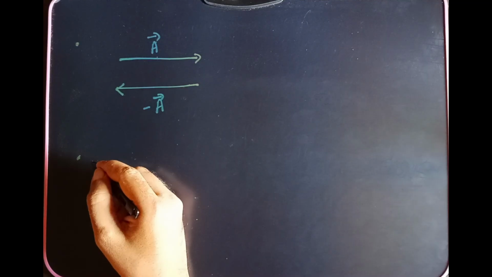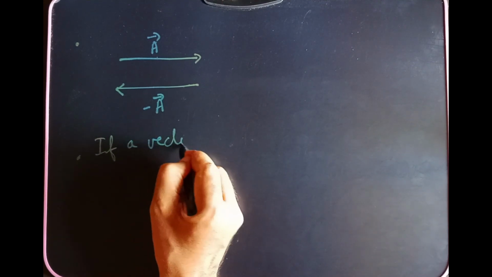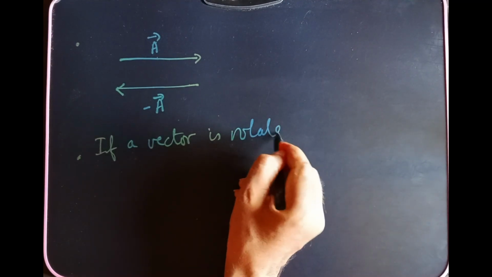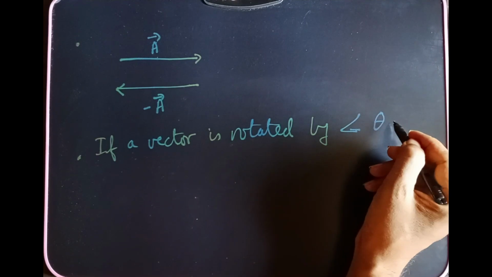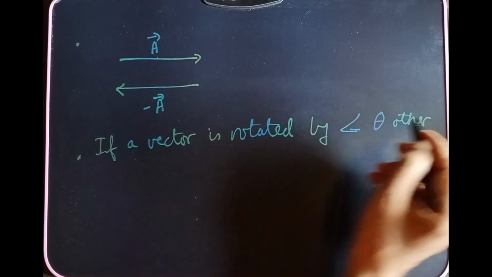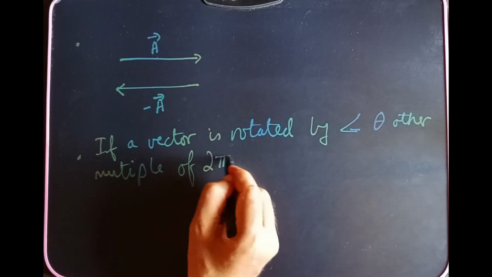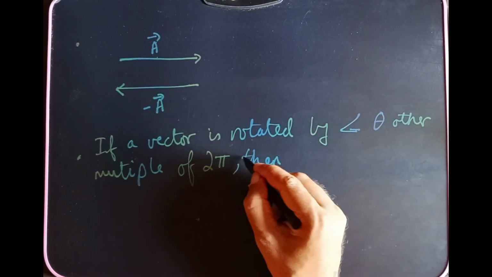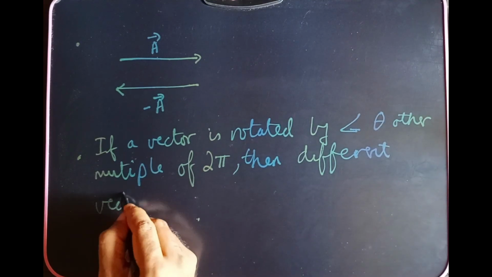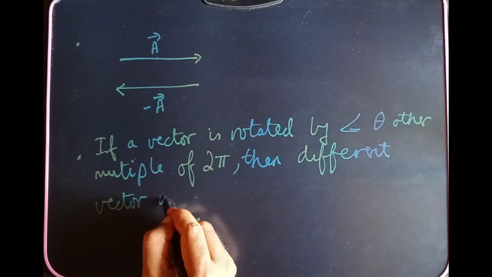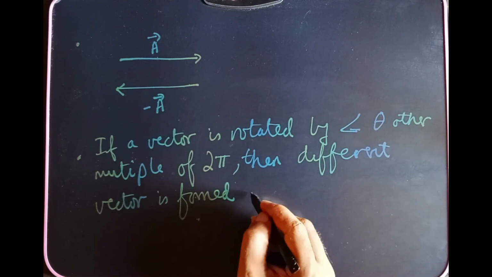Next is, if a vector is rotated by some angle theta other than a multiple of 2 pi, then a different vector is formed, as the direction of the vector has been changed due to rotation.